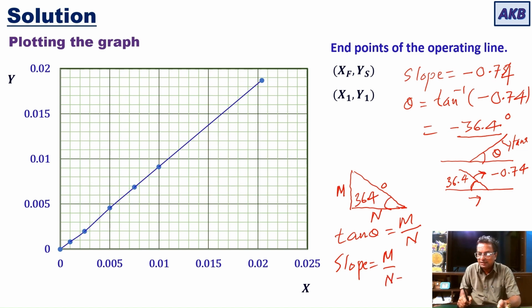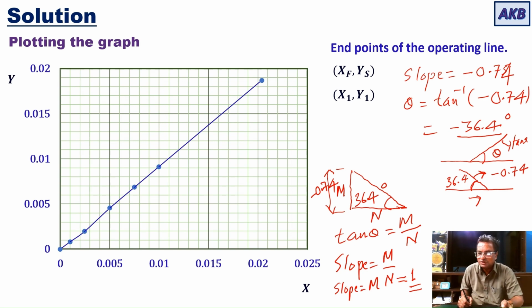And if I make n as 1, if n is equal to 1, then slope will be equal to m. So I am going to use this concept for plotting the operating line. That is, I will make the horizontal distance equal to 1, and then the vertical distance will be nothing but a value that is equal to the slope, minus 0.74. Okay, so I'll tell you how to do that.